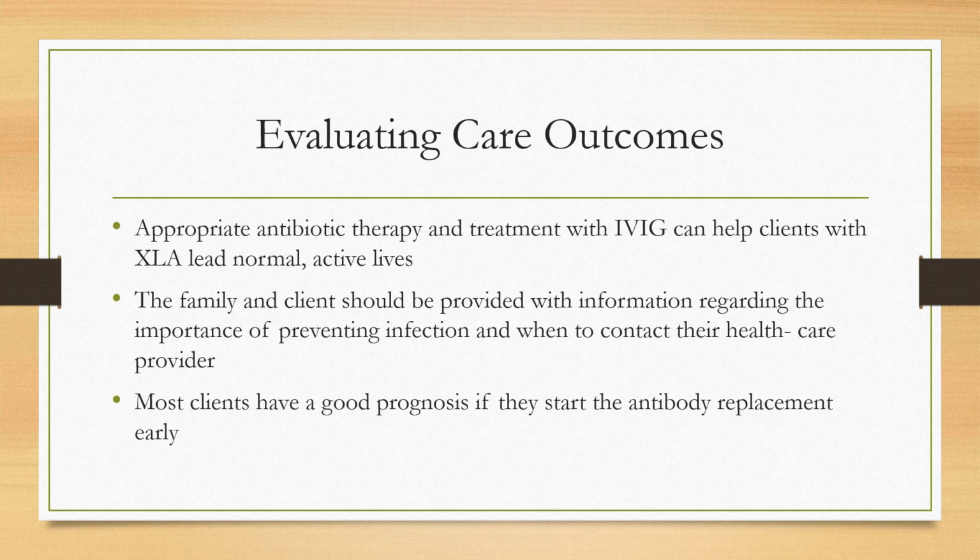The family and the client should be provided with information regarding the importance of preventing infection and also when to contact their health care provider. And most clients can have a very good prognosis if they start the antibody replacement early.